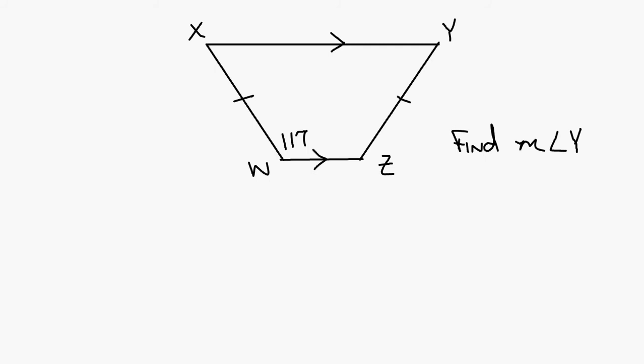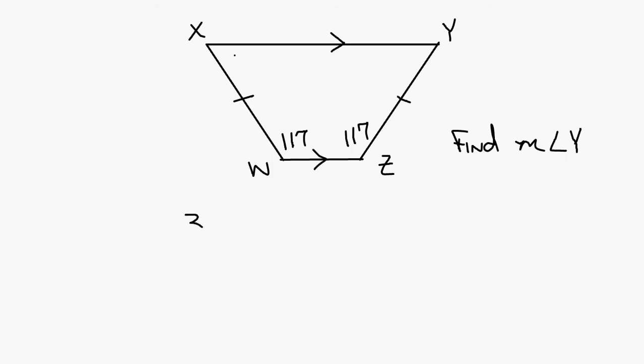So you've got a quadrilateral with two parallel sides. You know it's a trapezoid, and if the legs are congruent, then it is an isosceles trapezoid. If it's an isosceles trapezoid, then the pairs of base angles are congruent. So angle Z would be 117 degrees. Which means that the sum of these four angles is 360 degrees.